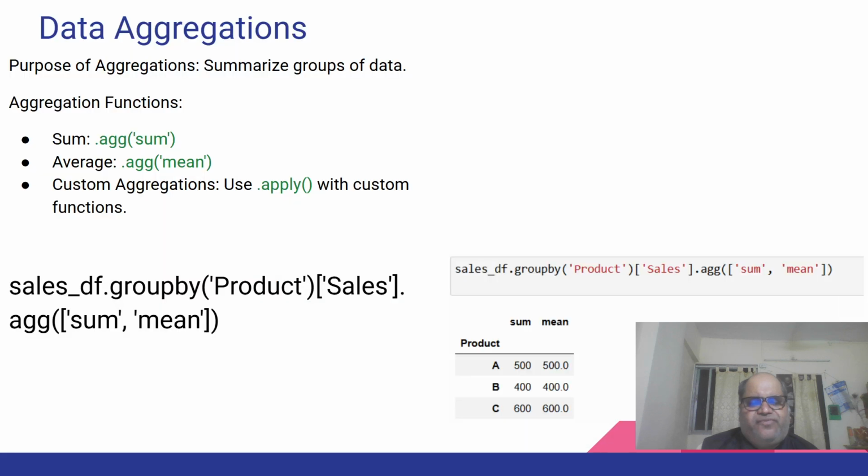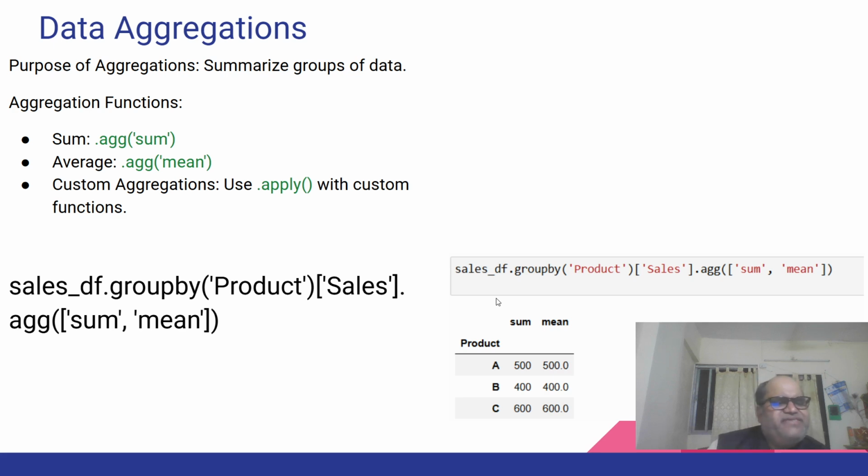So if you call df dot group by on product, and then we apply aggregates using dot agg, where we are applying a bunch of these, sum and mean, on the sales data set. Had you had some duplication on A, you would have seen how those sum and means are getting computed. We'll not just stop here.